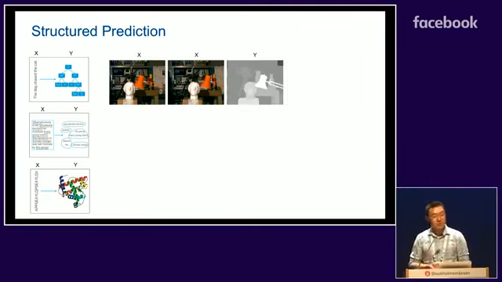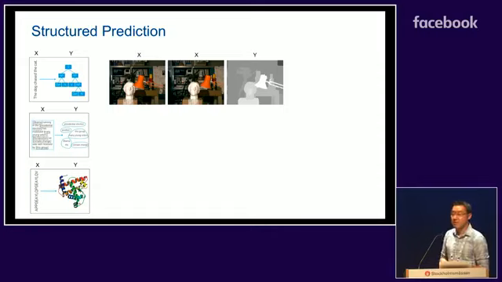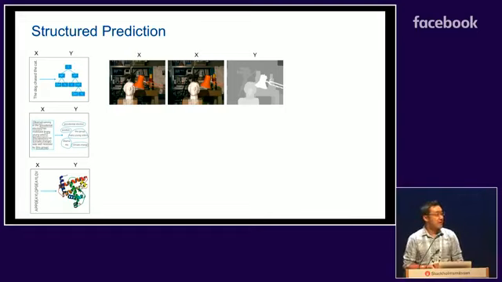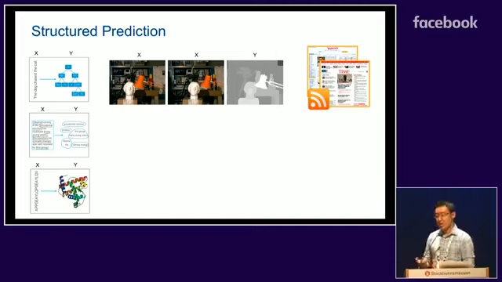Other examples include, this is a classic example in computer vision, which is stereo vision. X is a pair of binocular images, and Y is the depth map. And the structure here arises from the fact that we want to model spatial correlations. So the depth of two neighboring pixels should be similar to each other, all other things being equal. We can predict things like rankings, which are very common in applications in information retrieval and recommender systems.